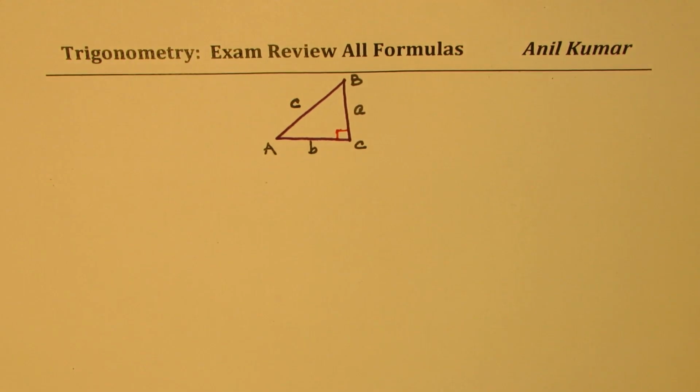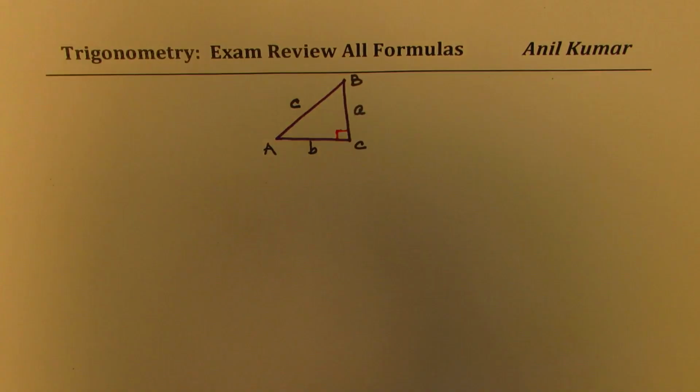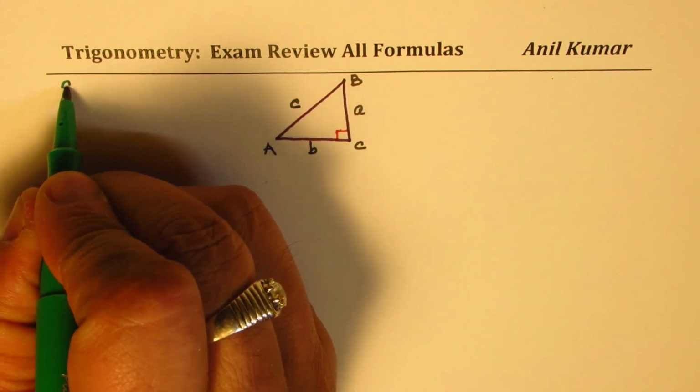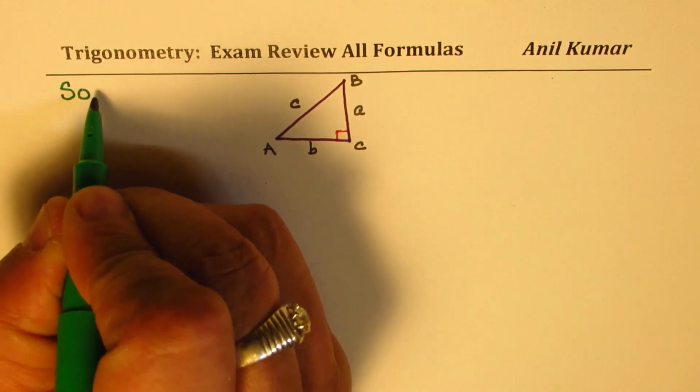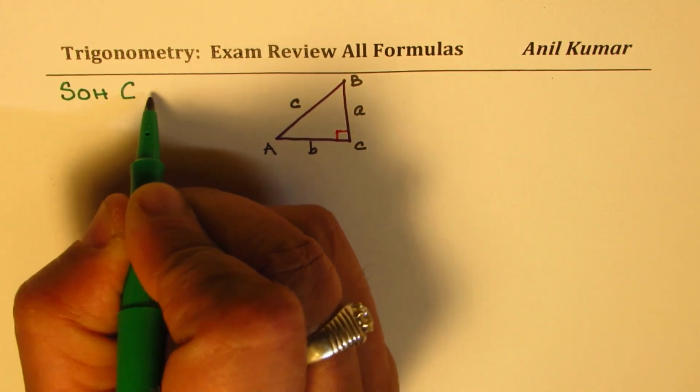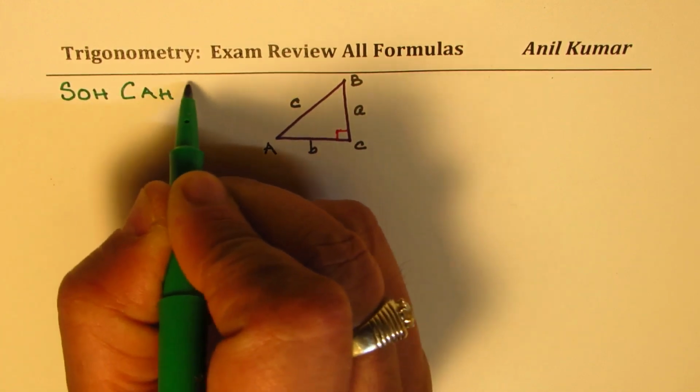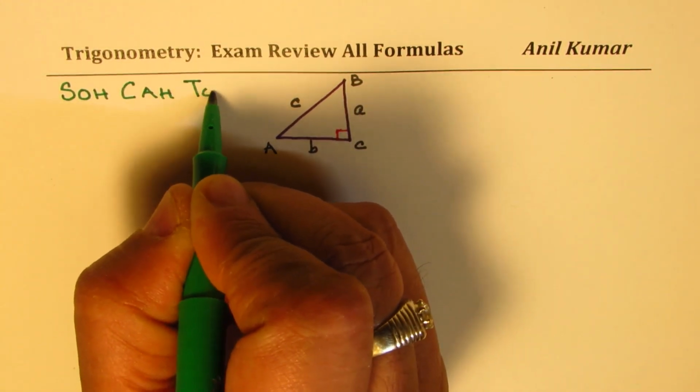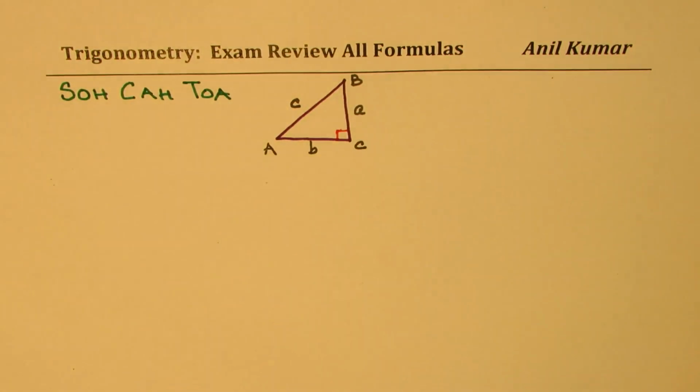Now in this triangle, we define the sine ratio and cos ratio with the term SOH CAH TOA, right? So sine is opposite over hypotenuse, cos is adjacent over hypotenuse, tan is opposite over adjacent. That is an easy way to remember.